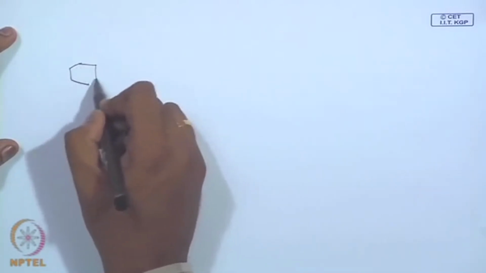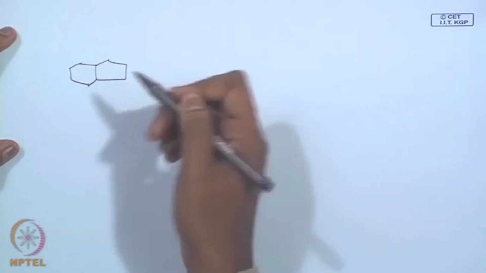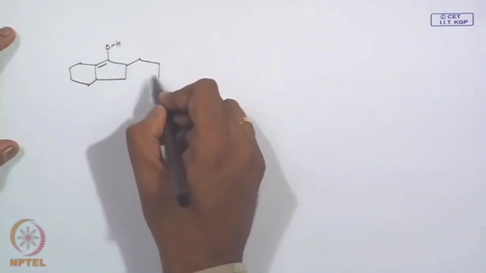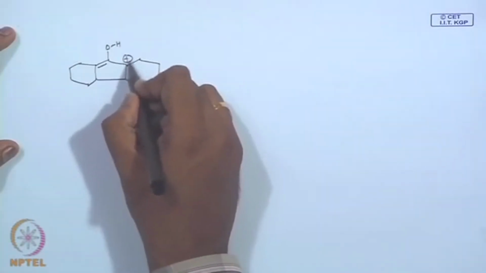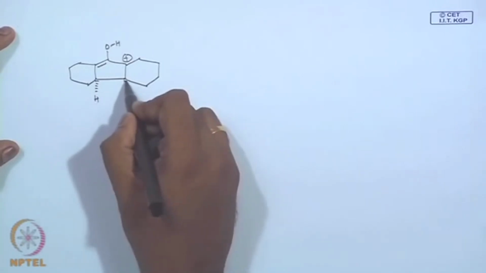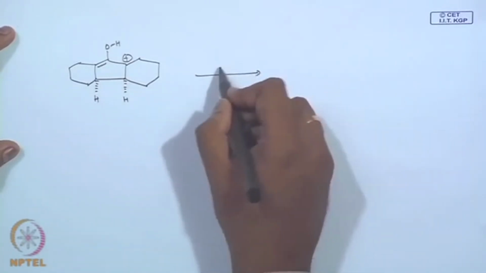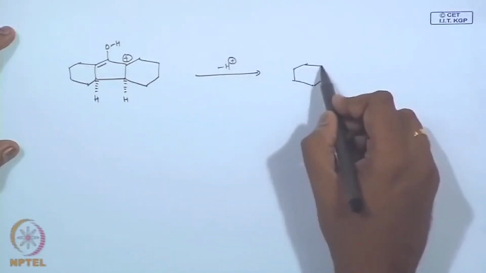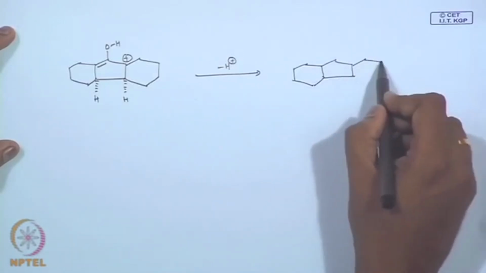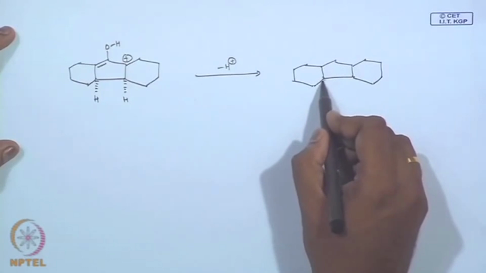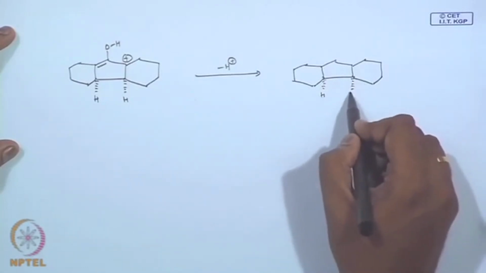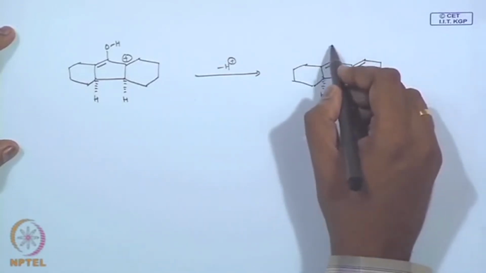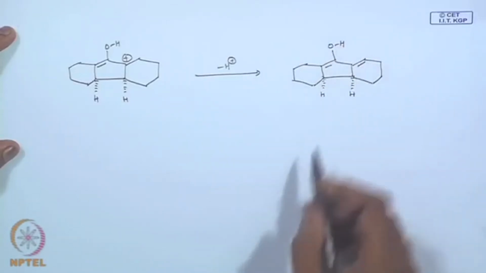So it's nothing but minus H plus followed by your keto-enol. Anyhow, we will write that. Then we get this.